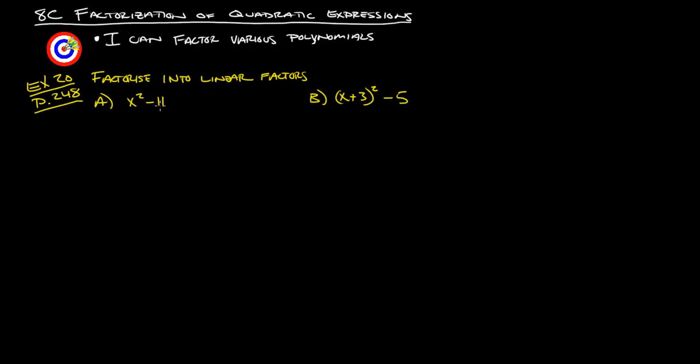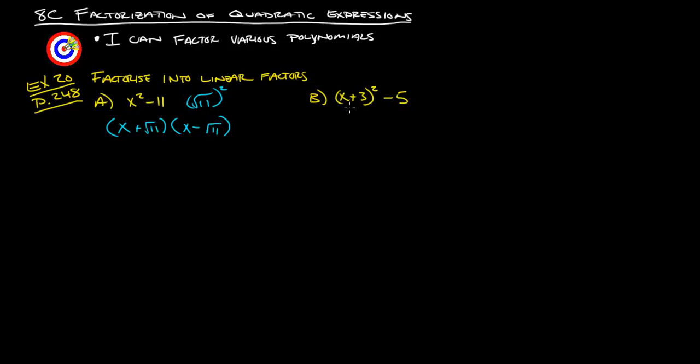Which, if you'll notice, 11 is not a perfect square, but what we're going to end up doing is take the square root of 11. So what you can do on this is still do your difference of squares. So you do x times x to get the x squared, and then again the square root of 11 is just square root of 11, and then you can put one positive and one negative. All right, and those are our factors.